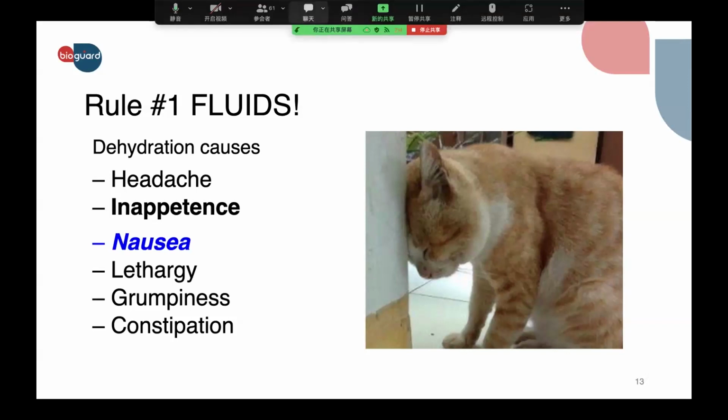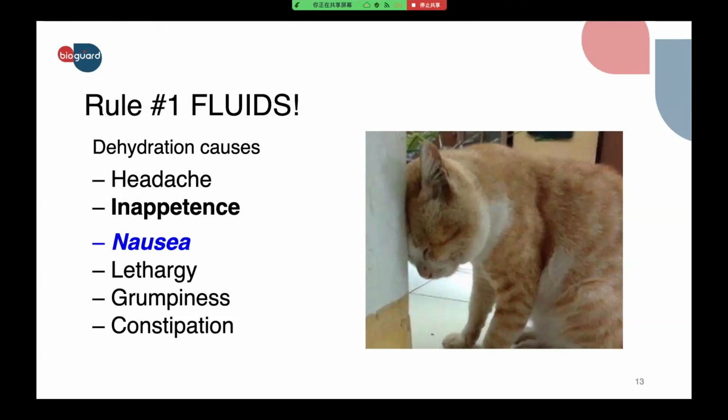As we know, appetite is the more important thing, and dehydration will cause lethargy, make the cat more grumpy, and also cause constipation. So what would be the first sign for the owner to see if the cat is suffering from dehydration? Would it be the skin tent getting more dry, or the gum mucosa, or the sunken eye?